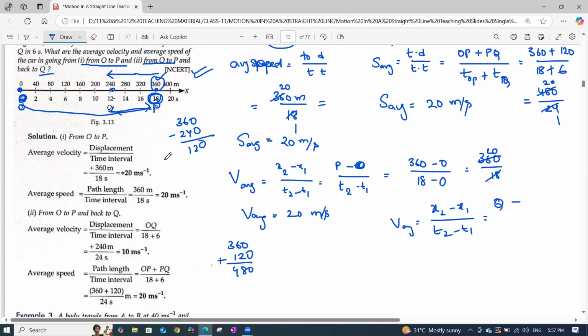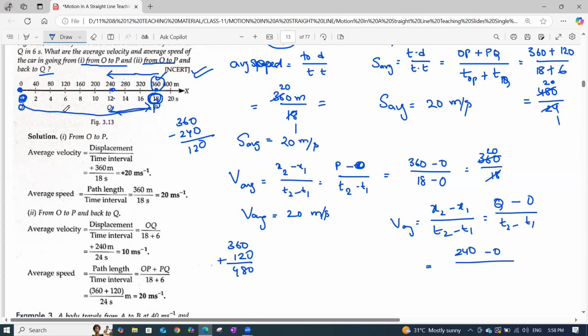Q minus the initial point, O, upon time taken, T2 minus T1. Now the final point is 240.